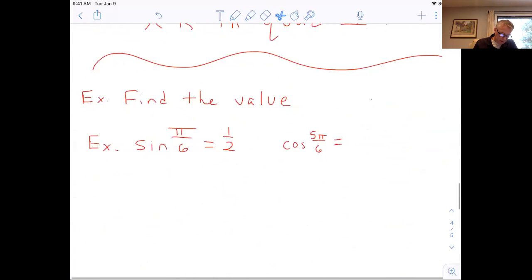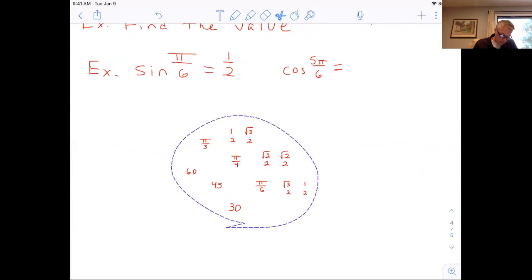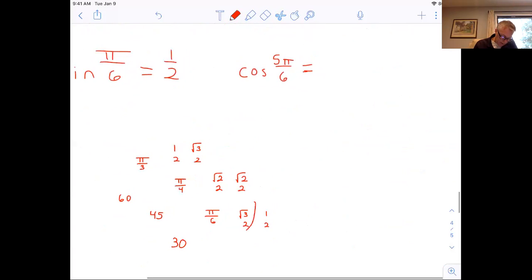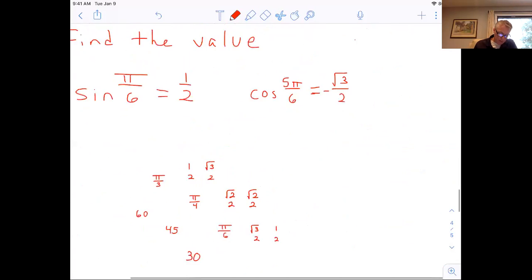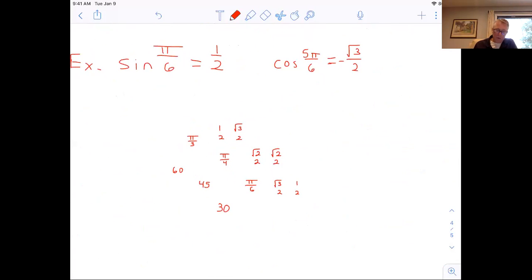Now, of course, you guys should memorize those, as I said. But that was my pi over 6. Those are my x and y value. Cosine of 5 pi over 6 is going to be this guy, root 3 over 2. But don't forget, we are in the second quadrant. So it's going to be negative root 3 over 2.